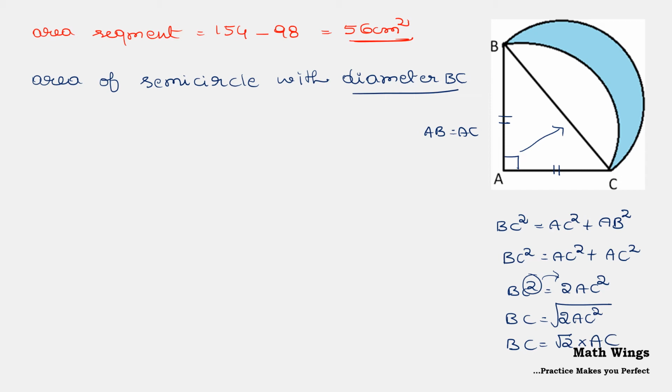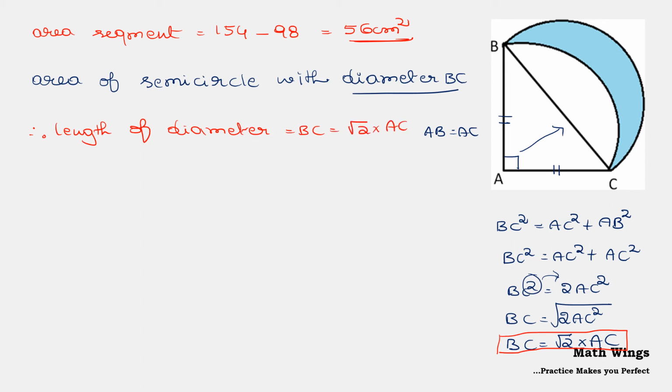So this is the one we can use to find the length of the diagonal, correct? So what's the length of the diagonal then? Therefore, we can find the length of the, it's not the diagonal, it's the diameter. Length of the diameter BC is equal to root 2 into AC.